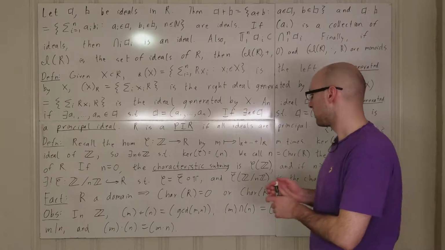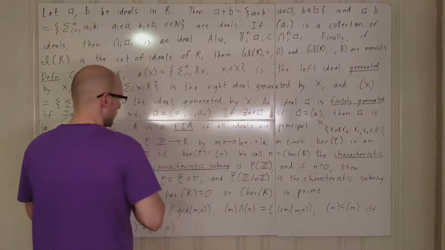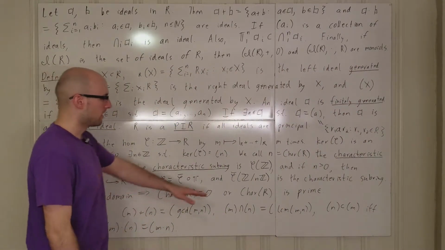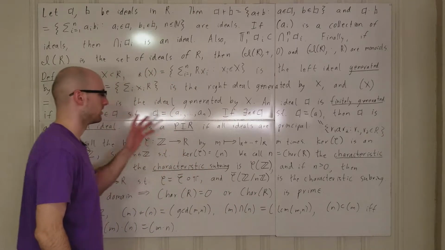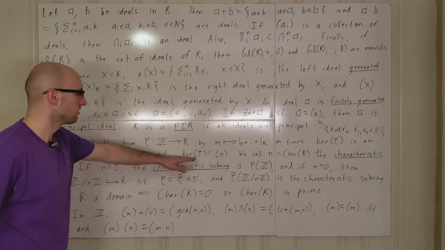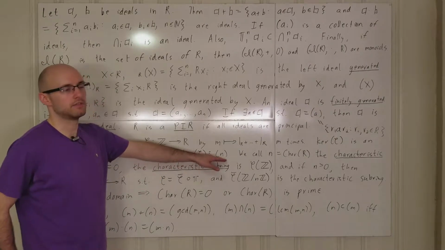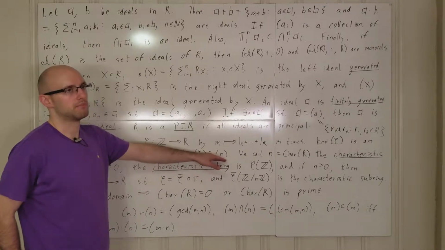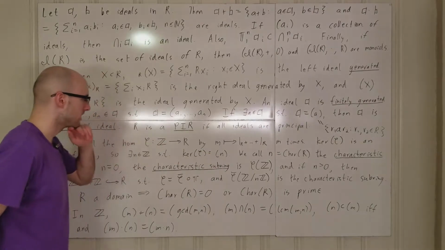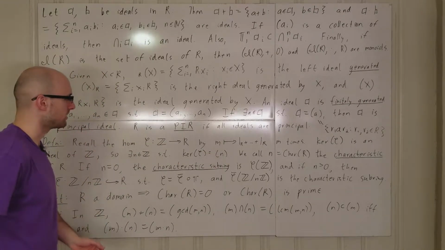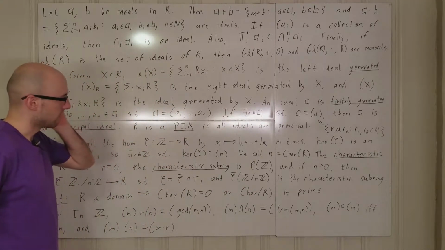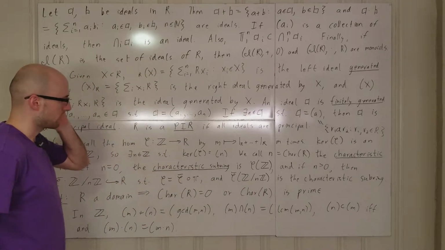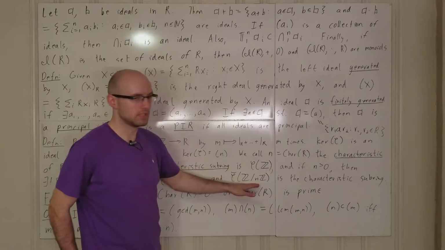And if the characteristic of R is greater than 0, then we know that the kernel of this map is the ideal generated by n. And so the characteristic subring of R will be a finite subring which is isomorphic to Z mod NZ.